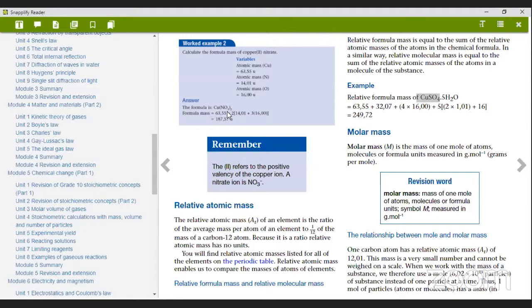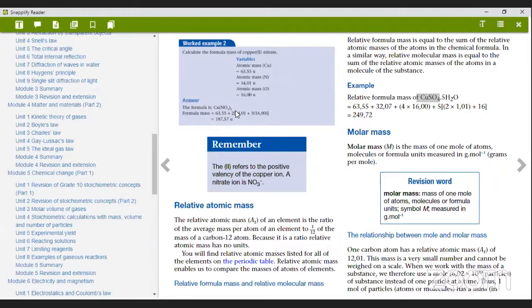But the ones in brackets are always multiplied. For example, Cu plus 2 times everything that's in the bracket will be N plus the O, which is 16 times the 3. Don't ever forget these numerals underneath. You must always multiply.